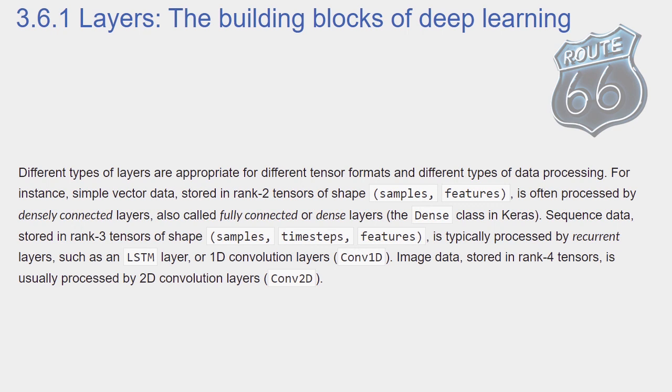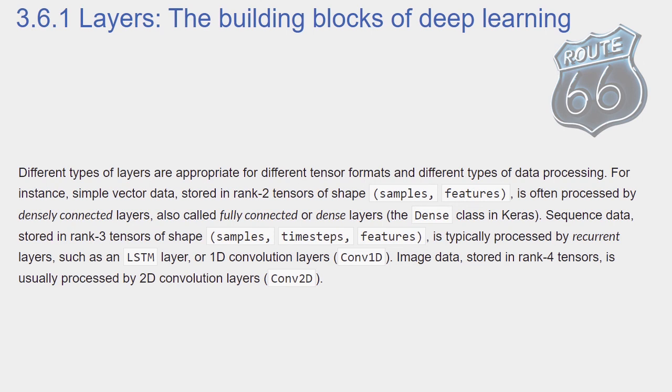Different types of layers are appropriate for different tensor formats and different types of data processing. For instance, simple vector data stored in rank 2 tensors of shape (samples, features) is often processed by densely connected layers, also called fully connected or dense layers, the Dense class in Keras.